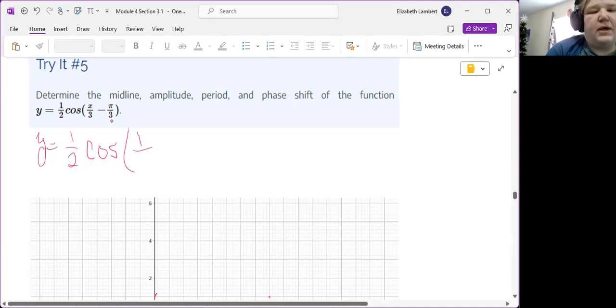So x/3 is the same as 1/3 x, so I'm going to factor out 1/3. X times 1/3 is x/3 minus pi times 1/3 is pi/3. So there we go.